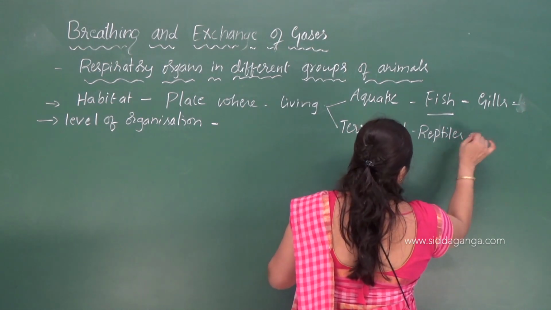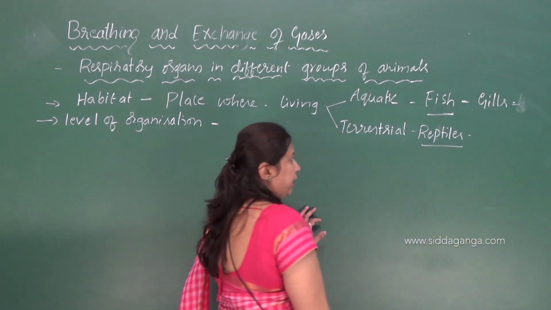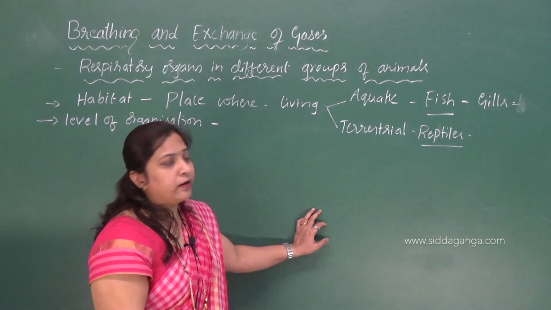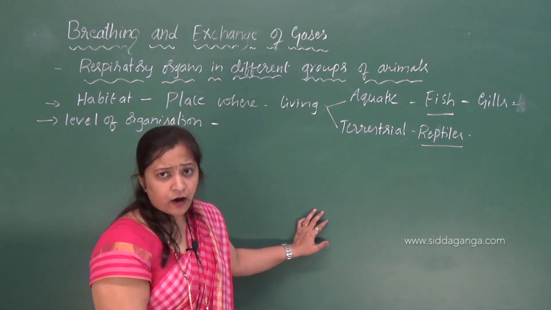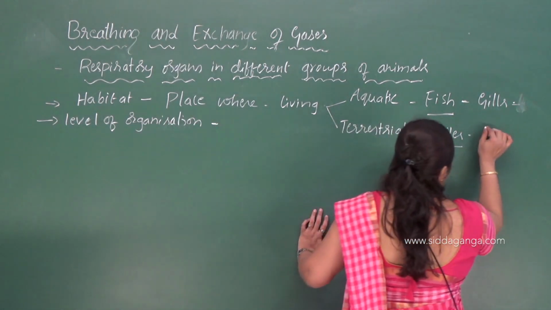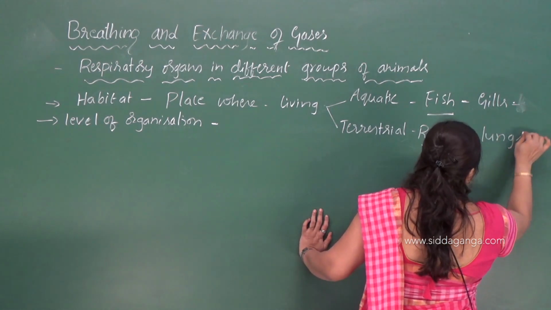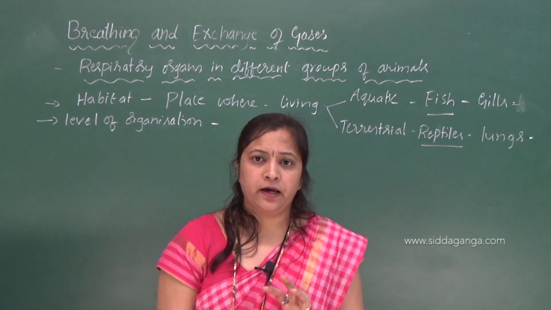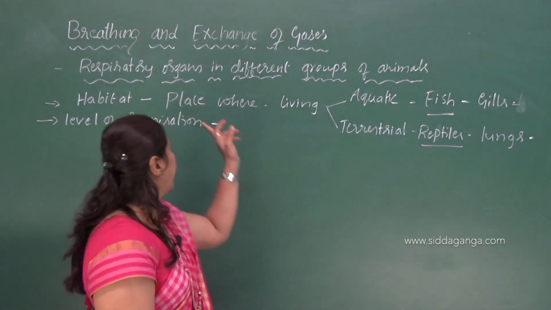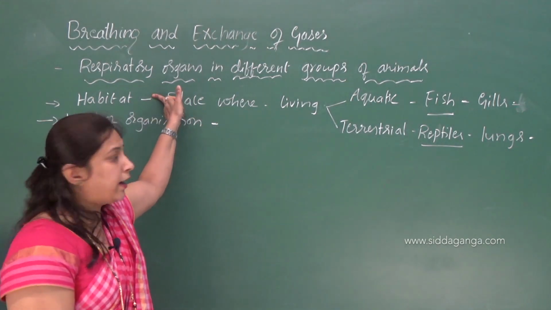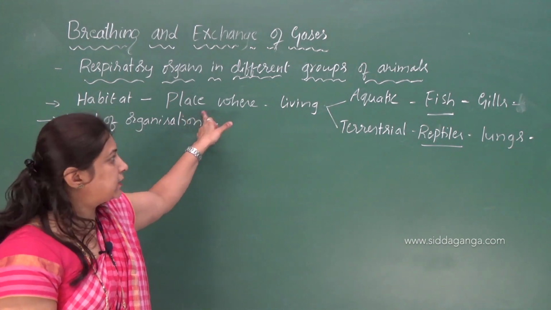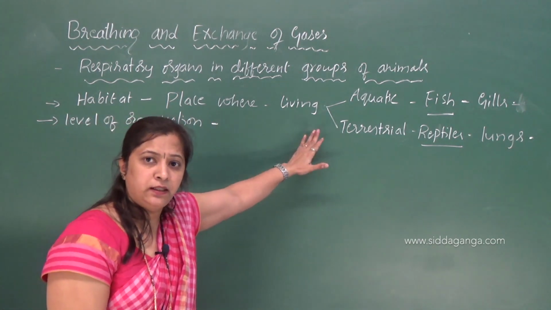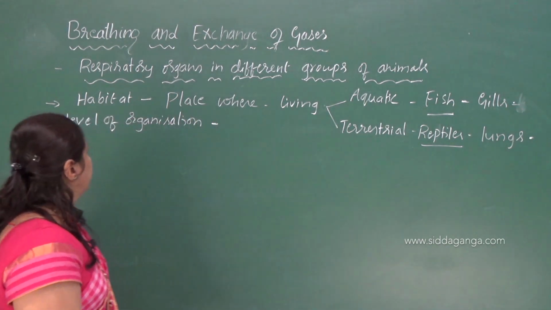Reptiles include lizards, snakes, chameleon. They are land animals, so they have lungs for respiration. So the nature of the respiratory organ depends upon the habitat of the animal, and habitat means the place where an animal is living.